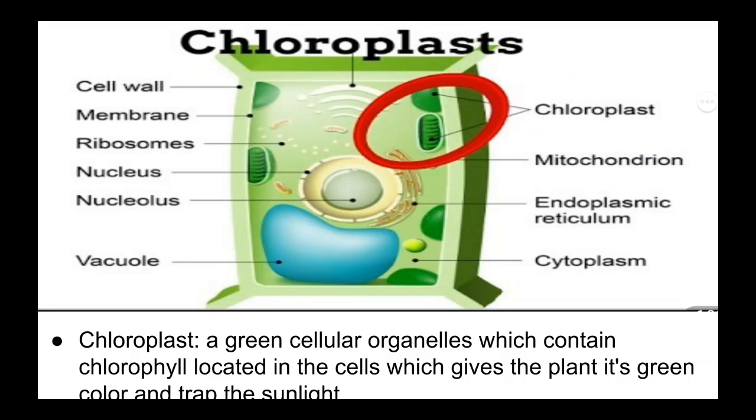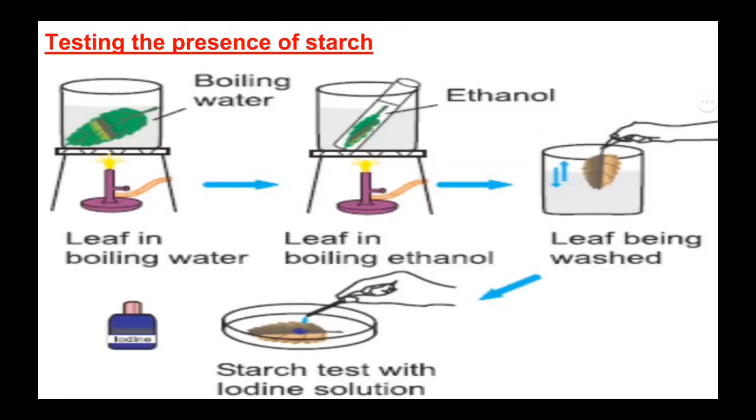So chloroplast is a green cellular organelle which contains chlorophyll, located in the cells, which gives the plant its green color and traps the sunlight. A green cellular organelle, not organelles.